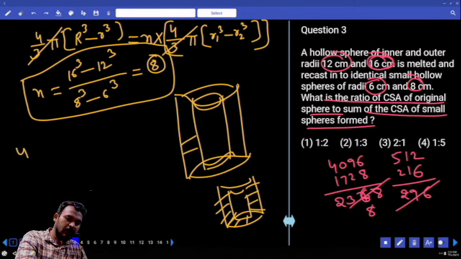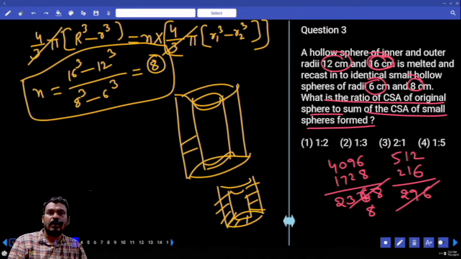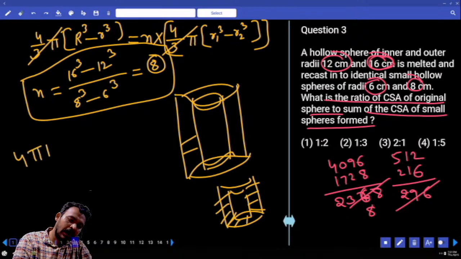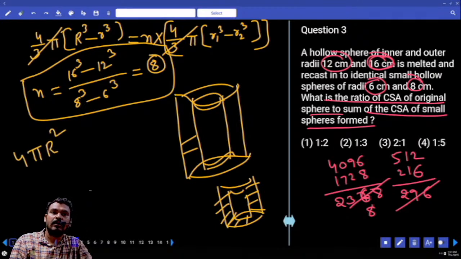The curved surface area of a sphere is 4 pi r square. Curved surface area and total surface area are the same in a sphere. So 4 pi r square is the larger sphere curved surface area.